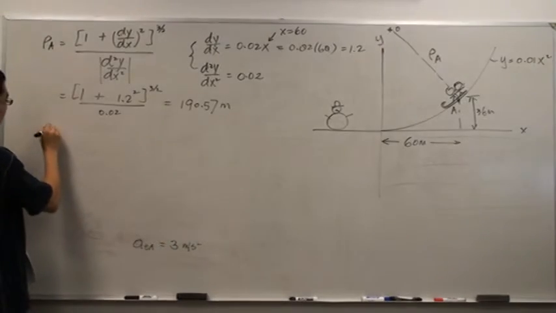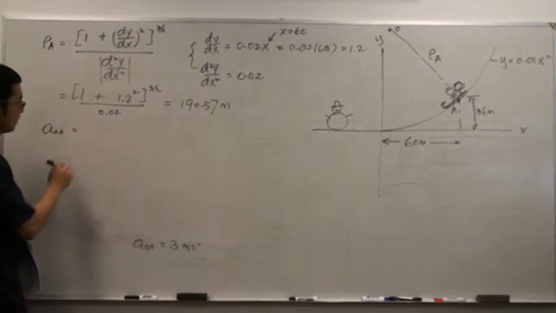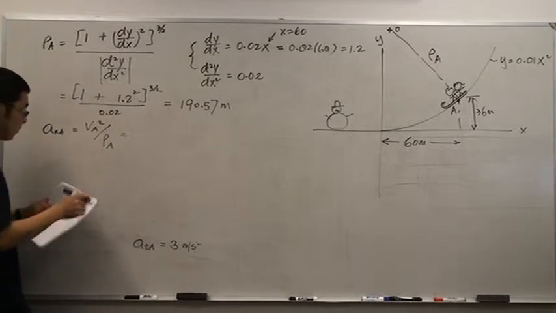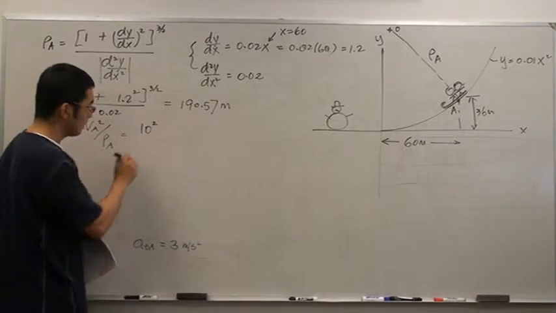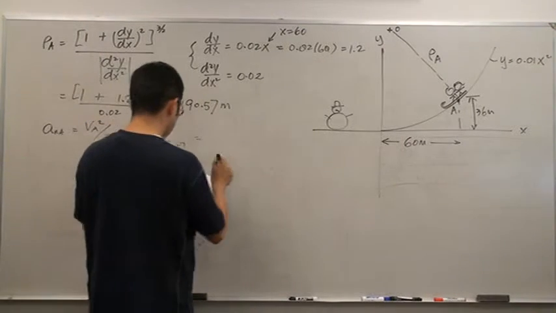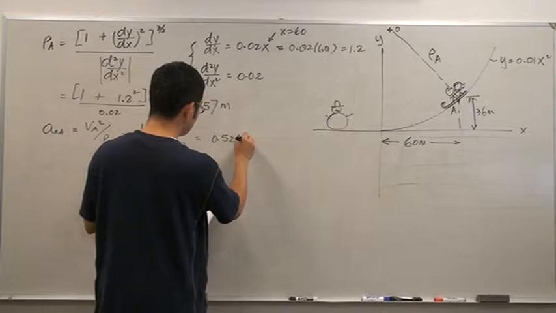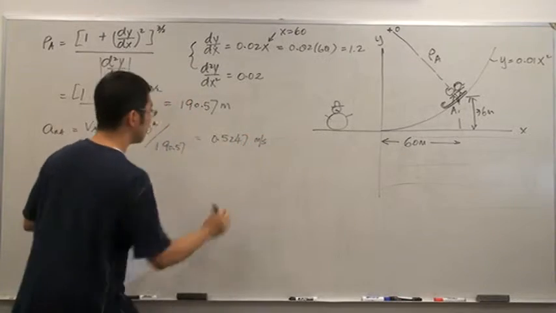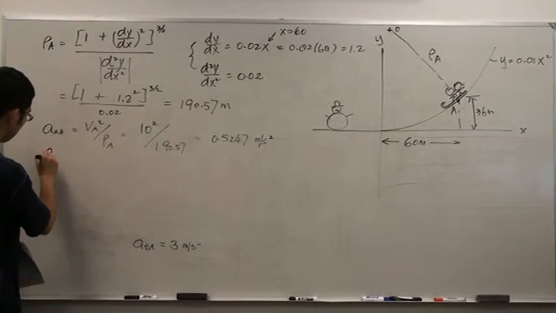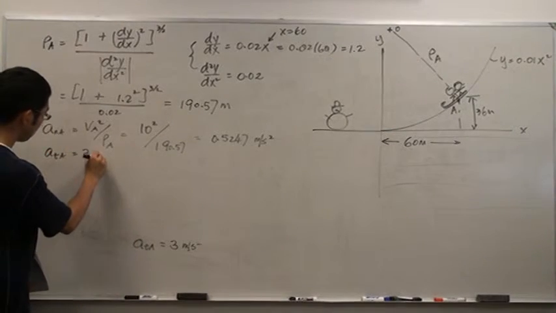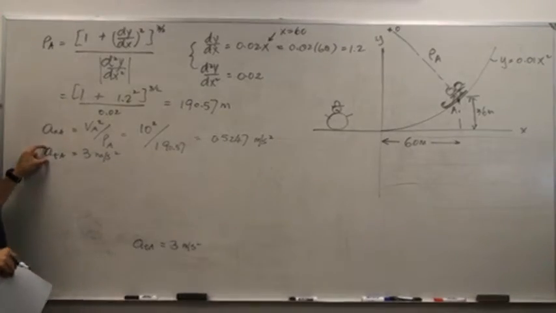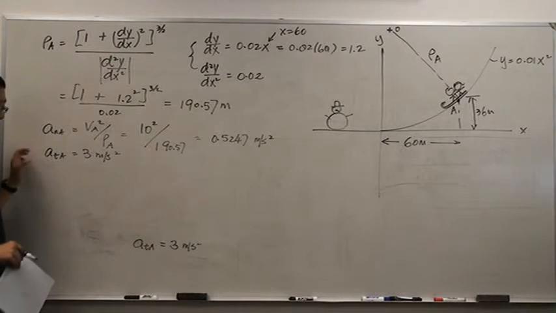Therefore, your a_n is equal to v_A squared divided by rho_A. As you remember, v_A was 10, so this is 10 squared divided by 190.57, and that gives you 0.5247 meters per second squared. And as you remember, a_t was 3 meters per second squared. So this is much larger than this number, about 6 times larger.